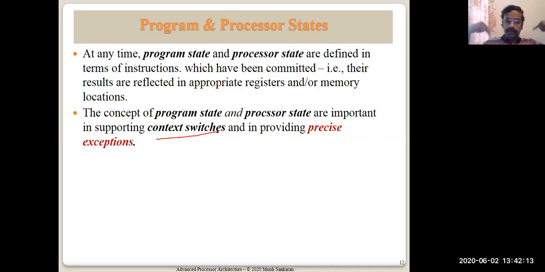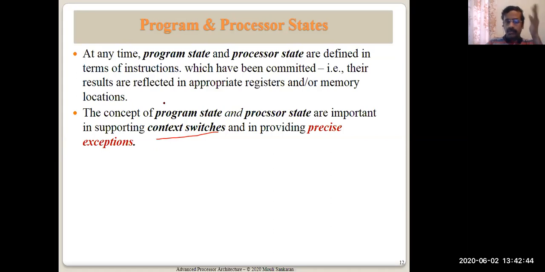Then the PC, program counter, starts executing from the time the committed instructions were there. Whatever was executed after the committed instruction, the CPU might have executed much more than what was committed. They will be rerun. They will be executed again after the context switch happens and the process comes back to the CPU. So that is one concept you should remember.